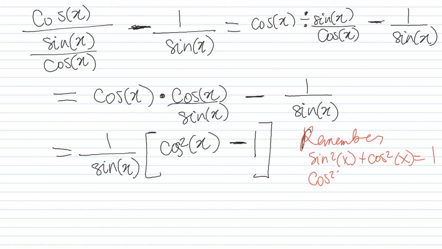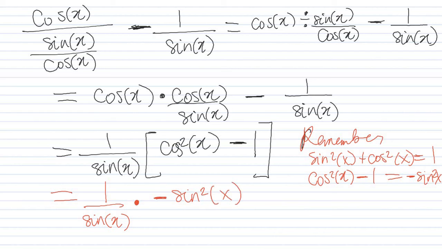So cosine squared x minus 1, when we take the negative, we have to take negative sine squared x, because we want cosine squared x minus 1 to be the subject of the formula. So now we end up with 1 over sine x, right, multiplied by negative sine squared of x.